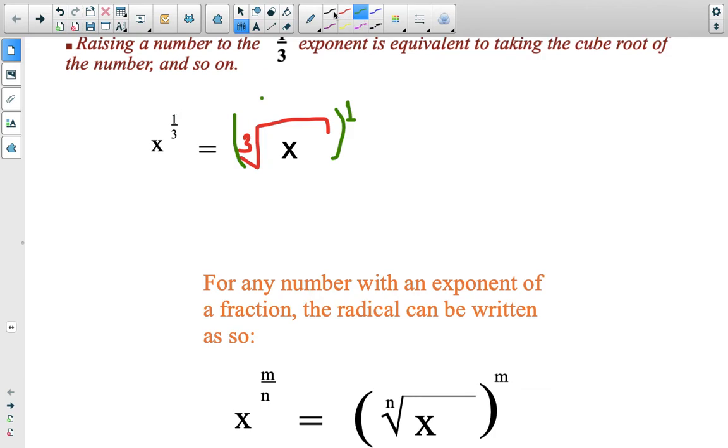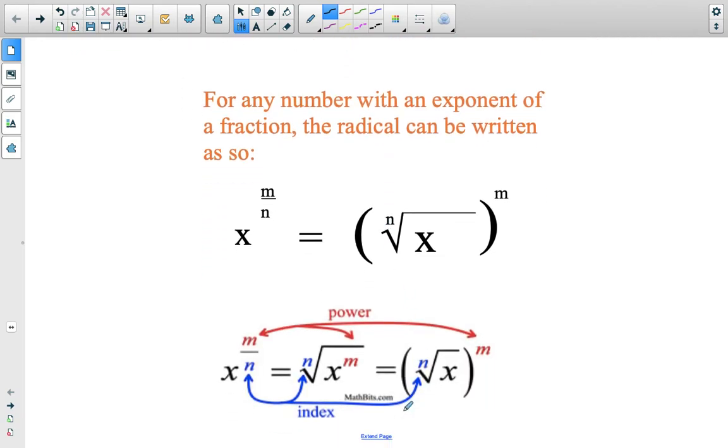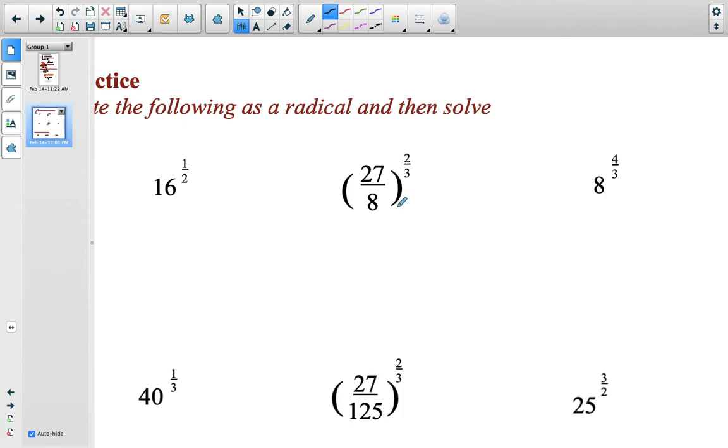So the numerator in the exponent came up here, and then your denominator was part of your radical. Okay? So this is an image of what it would look like. So we'll do some practice questions, and then you guys can practice on your own.